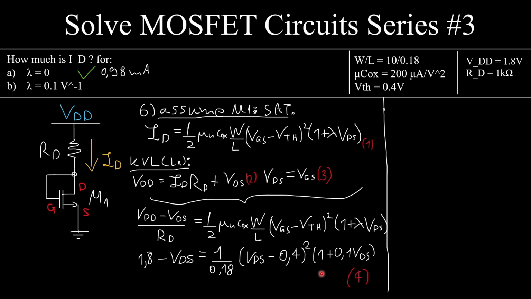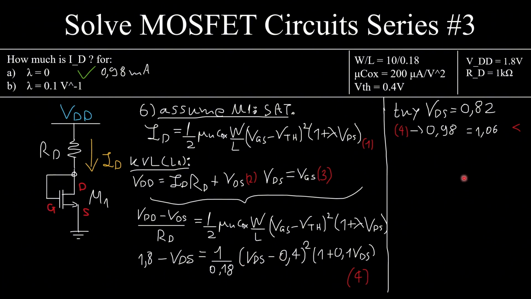This is the repeating method, all right, where we repeatedly go and check a value for the VDS in this instance. We keep replacing and trying new values for this VDS up until the point where this equation and this part of the equation are giving us the same value.